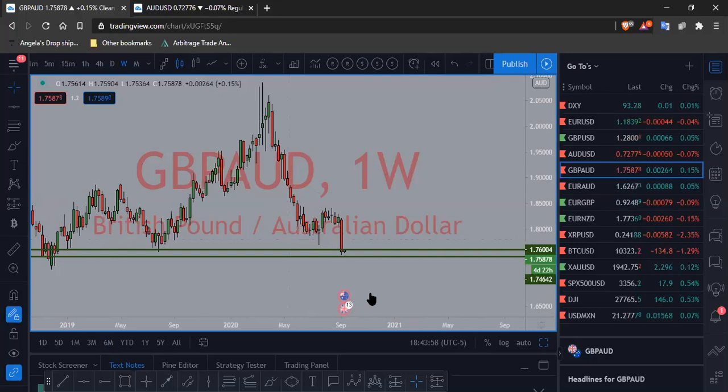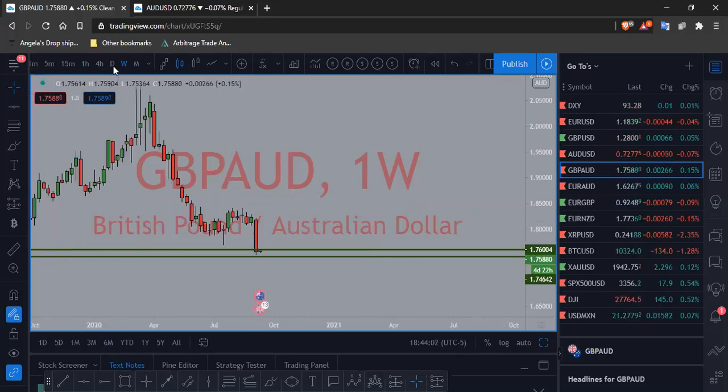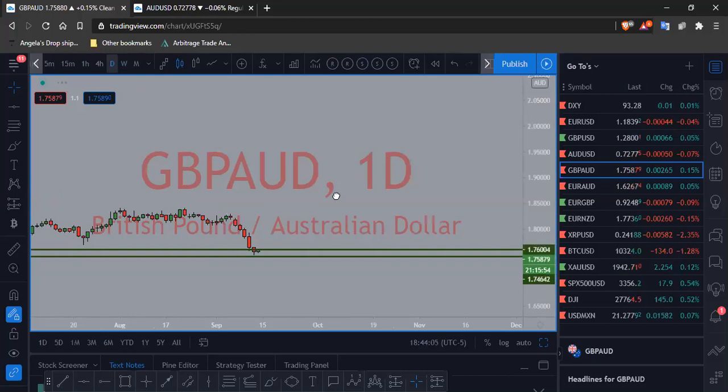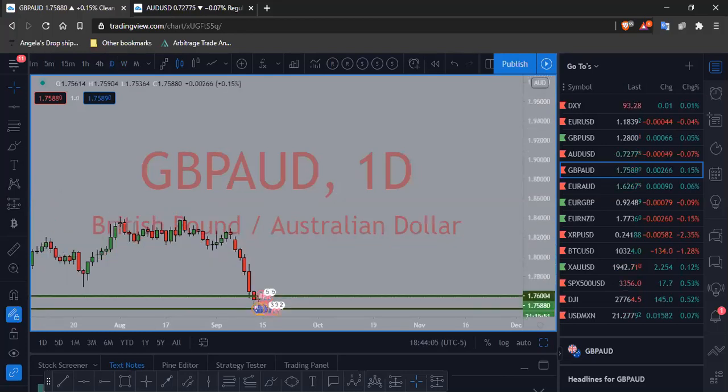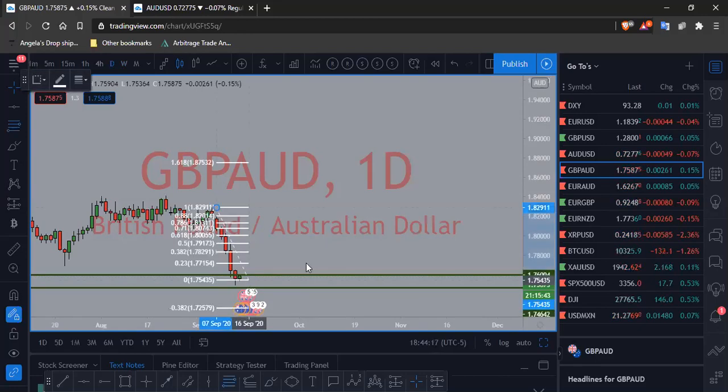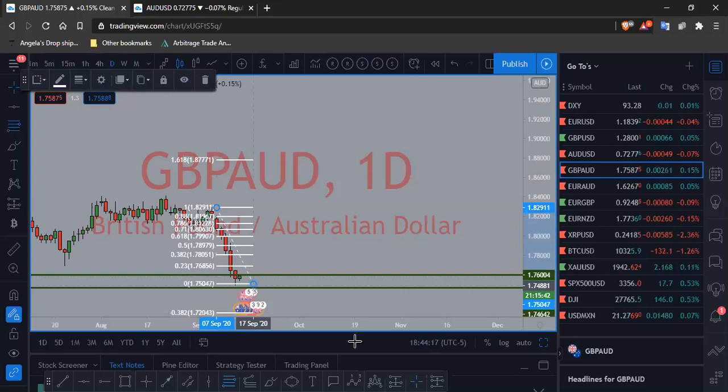So at this moment, on the daily time frame, a whole week of bearish movement. What I want to see is, if I'm buying from right here, which I most likely am, just probably swinging it. This is not for a long trade. This is just for a swing.